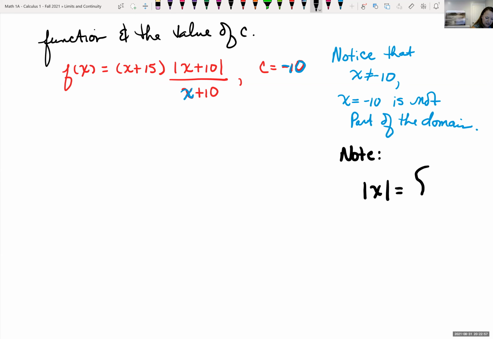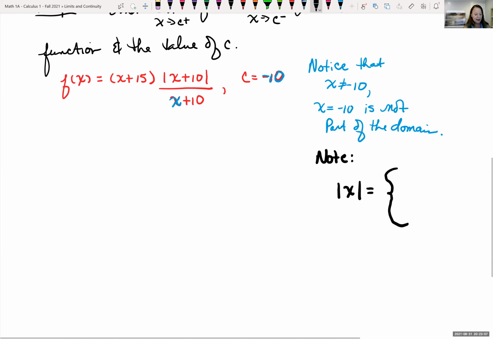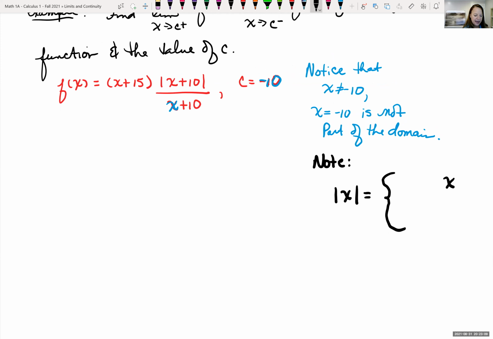One way to write the absolute value depends on the value you're plugging in for x. If you let x be greater than or equal to 0, the answer is going to be the same number you plugged in. So the absolute value of 1 is just 1, the absolute value of 1.5 is just 1.5. So the answer we get back is just x.